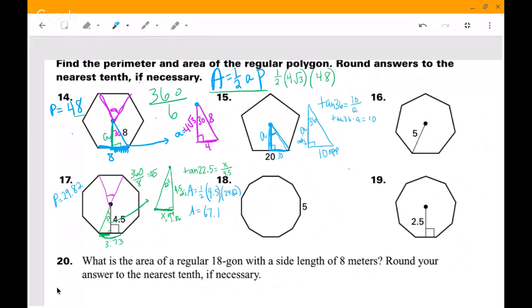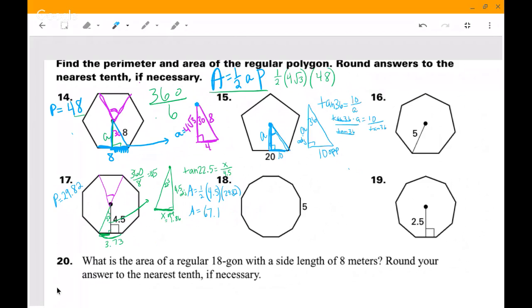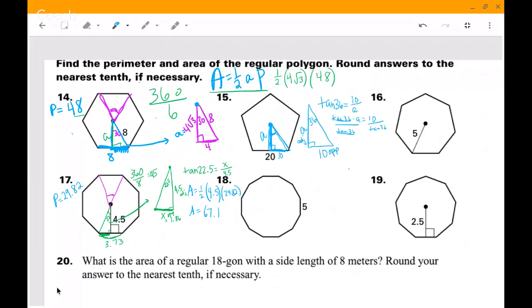So what you're really going to have to do is divide both sides by tangent 36. I got 13.76. Yes. So that's your apothem because we were trying to find the apothem. That's the side we were solving for.